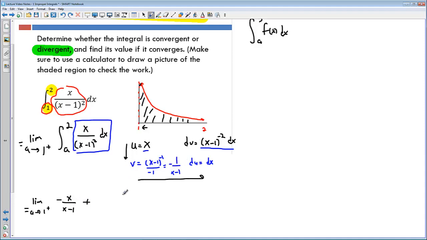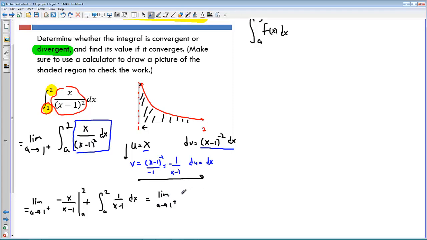So minus will be a plus. And then the integral, and I'm going to put the limits of integration here from a to 2. The integral from a to 2 of this times this, so this will be a 1 over x minus 1 dx. And this integral is really easy to do. It's just an ln. So keep that limit on there, limit as a goes to 1 from the right.